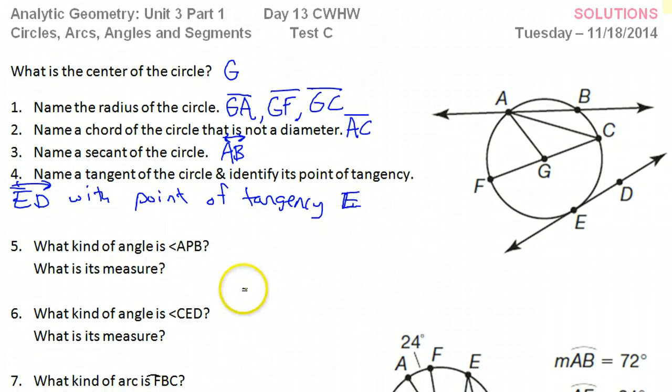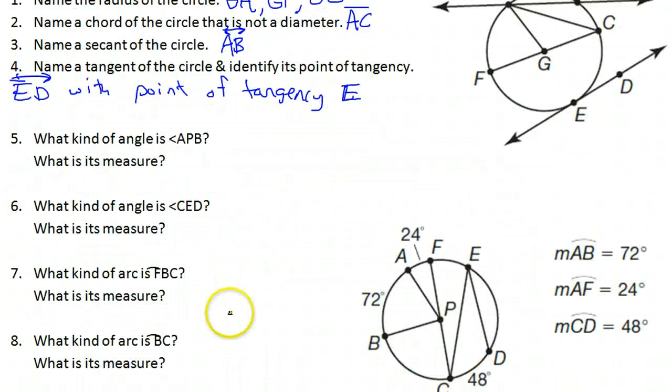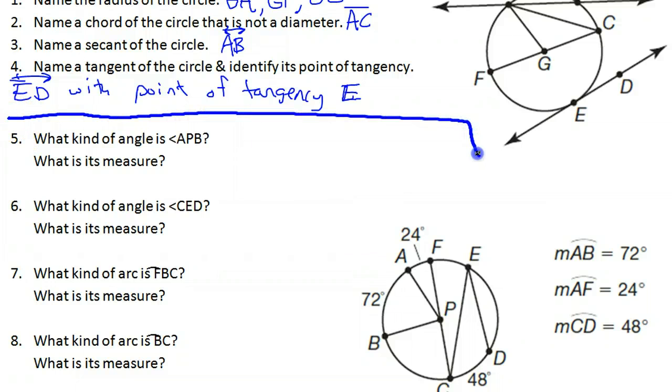Okay, now what kind of angle is angle APB? First of all, I think that's it for that picture up there. So now we're starting in on this picture down below. So with that in mind, angle APB, we're talking about this angle right here.